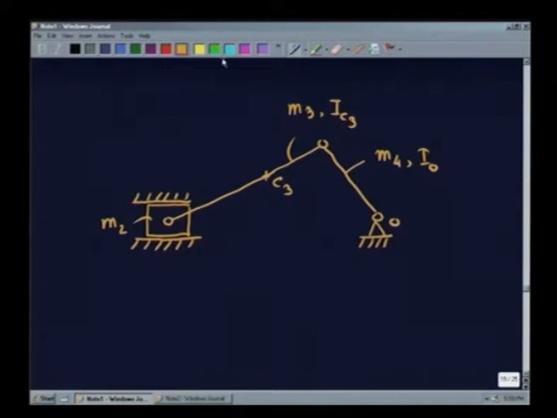But the motion is given, that means I know the velocity of this. So, this is having an acceleration a.